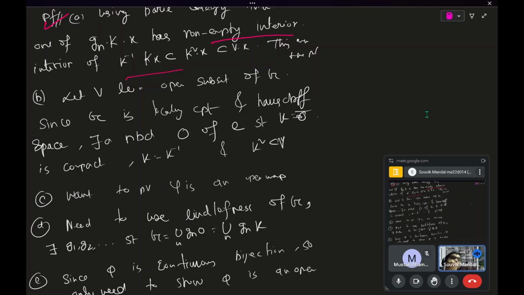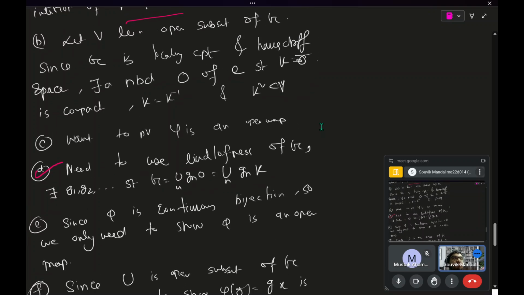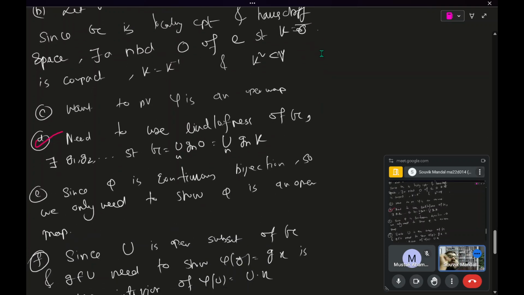Want to prove the map is open. For that, we need to use the Lindelöf-ness of G. So there exist g1, g2, and so on such that G is equal to the union of g_n O, which is contained in the union of g_n K. Now, since phi is a continuous bijection, we only need to show phi is an open map.